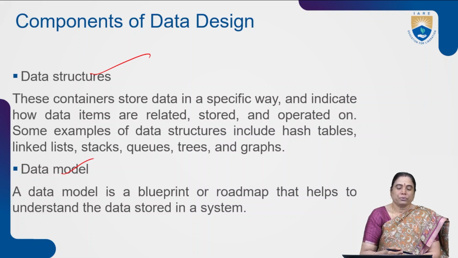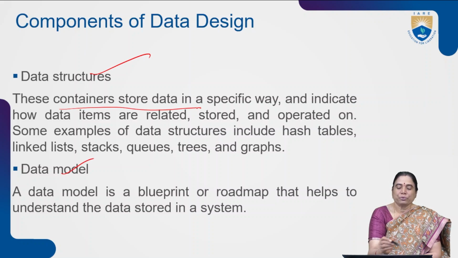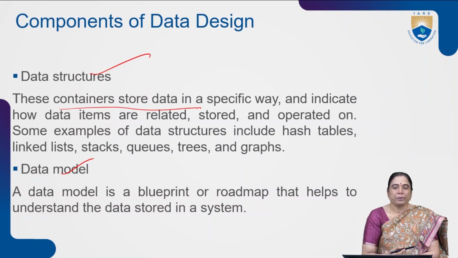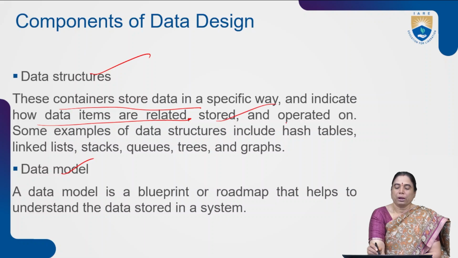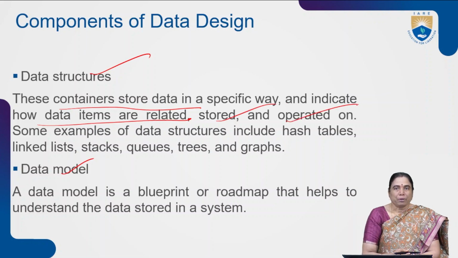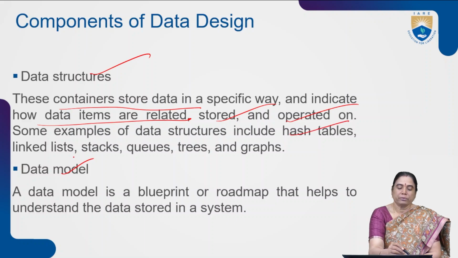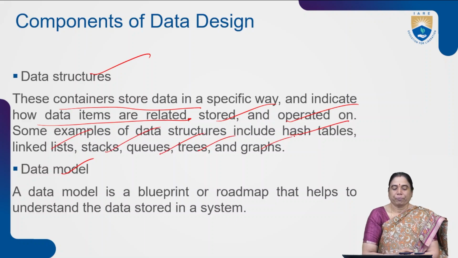Data structures are containers for storing data in a specific way, like stack, queue, linked list, etc., and indicate how data items are related, stored, and operated. Some examples of data structures include hash tables, linked lists, stacks, queues, trees, and graphs.